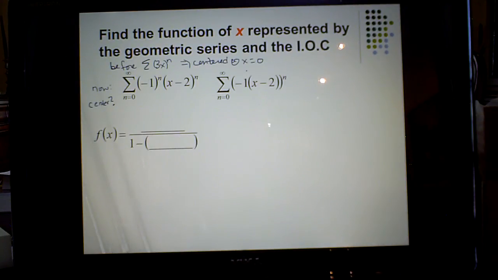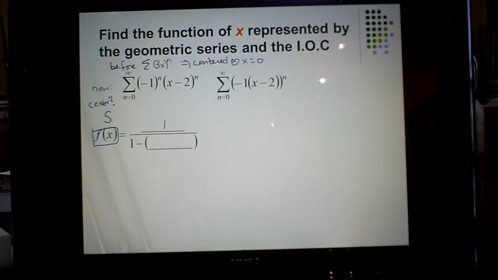So I'm going to calculate the infinite sum. And remember, the infinite sum of a convergent geometric series is of the form a over 1 minus r, right? And this sum is a rational function. So what is a? What's my first term? My first term, when I put in 0, is 1, so I get 1 over 1 minus r.